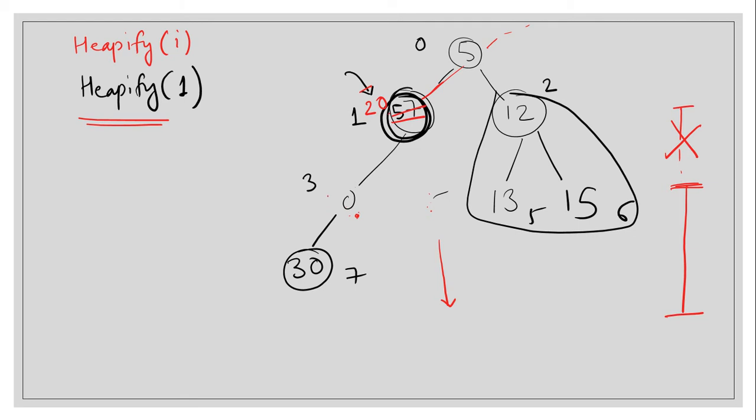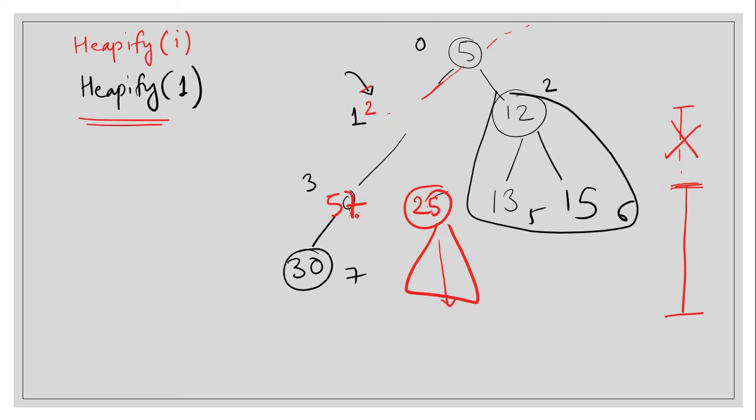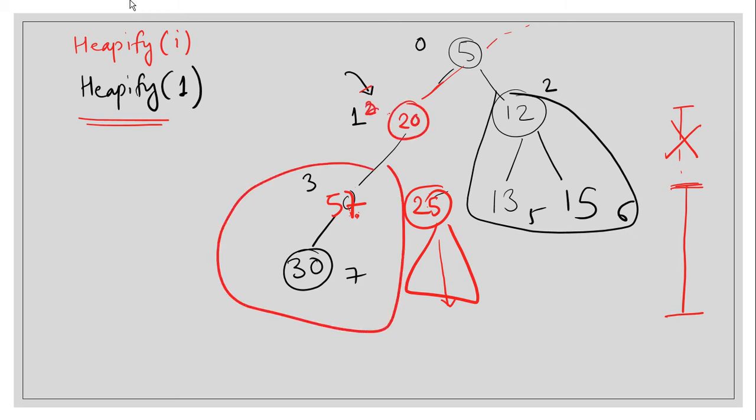So now we have 57 here, 25 was here, and maybe some more subtrees here, and here we have 20. So now we are concerned only with this part. Here we have just one child, or if we have more, like let's say 27, then the minimum of these two is 27. So we swap this with 27 and 57 comes here, and this will continue along one of the branches.